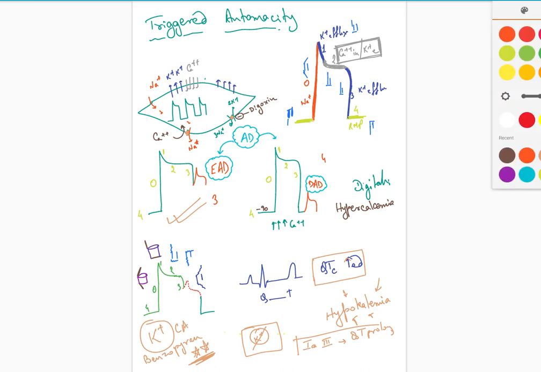Oh, the sodium calcium exchanger is there. There is a sodium calcium exchanger present here. Keep your eyes open. So the cell will become dependent on the sodium calcium exchanger. If the cell is throwing out sodium through the sodium calcium exchanger instead of sodium potassium ATPase, then is calcium entering more or less?